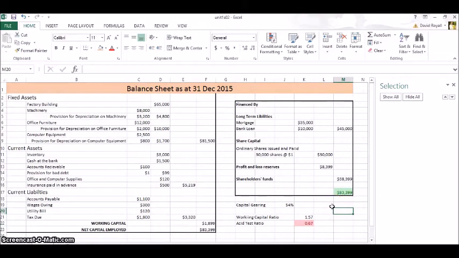Okay, now let's play with some data. Let's imagine that we're going to sell some more shares. Now what I like to do is I want to sell another, this is different to the scenario in the chapter, 5,000 shares.